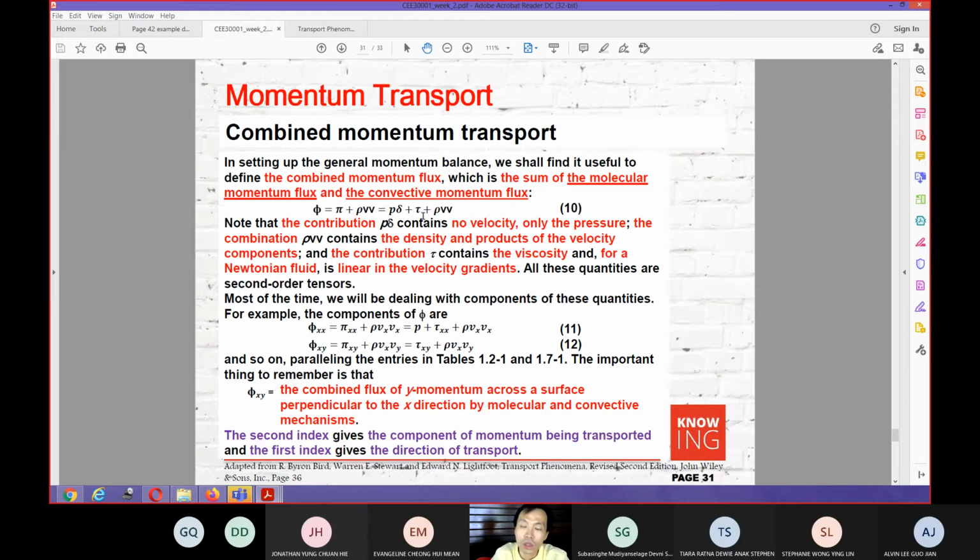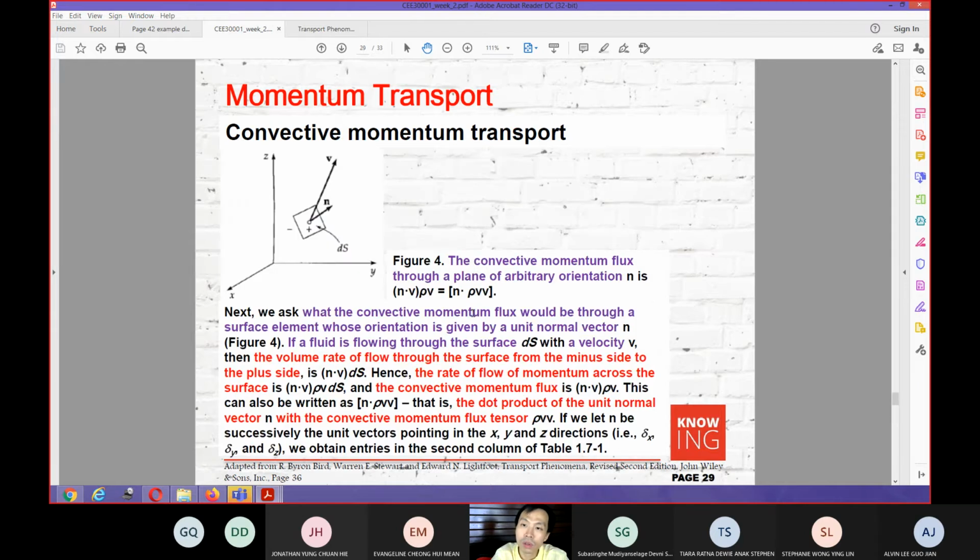So you can break down this combined momentum flux into two contributions, and since the molecular momentum flux has two contributors, it becomes three terms here. Now remember that the pressure only comes up when the direction is perpendicular to the exposed surface.